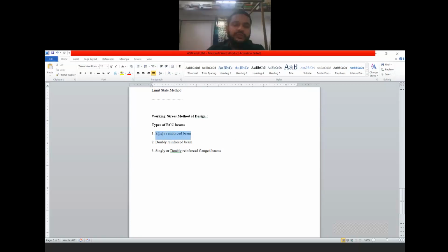In singly reinforced beam, we provide reinforcement only along the tension zone.